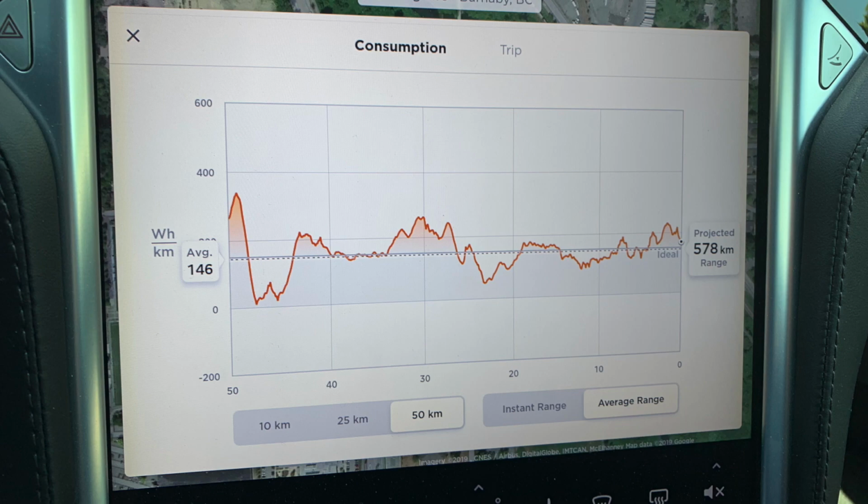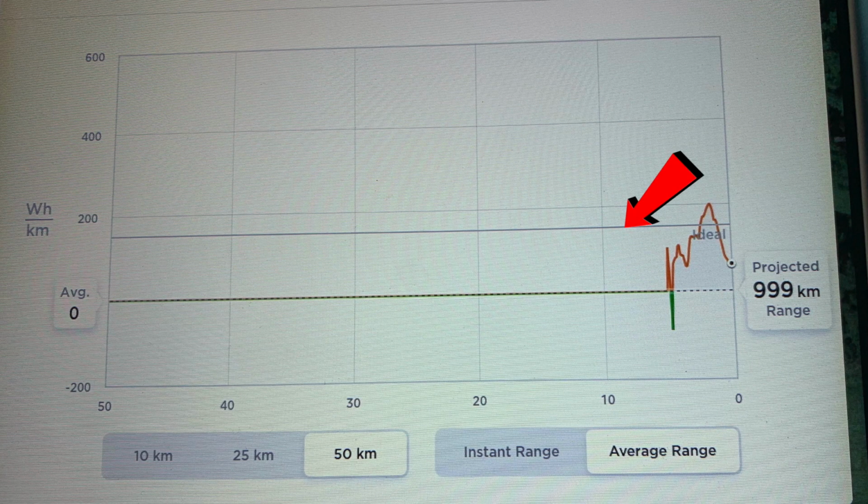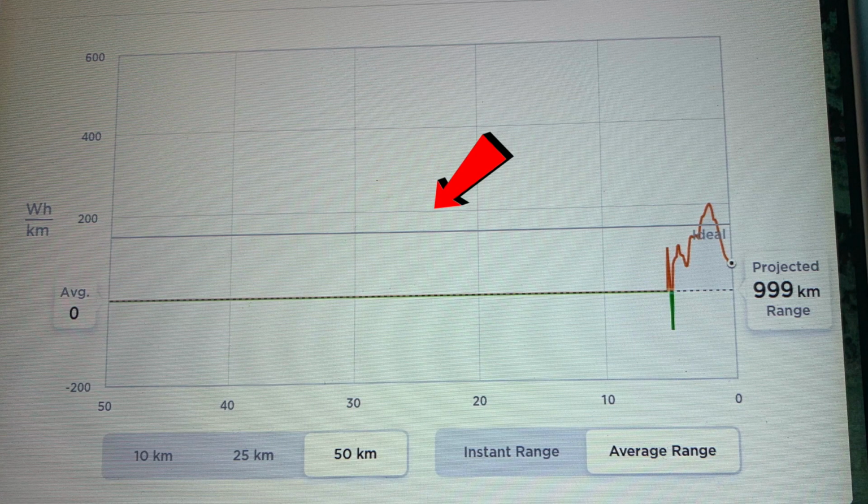But there is something very specific here that I noticed pretty quickly, and that is your ideal radar bar. The reason that's important is because it basically says ideal, like where you should be, but that bar has never gone under a certain amount for me. And I went back and checked all of my graphs. All of my graphs were very close to that center watt hours per kilometer.